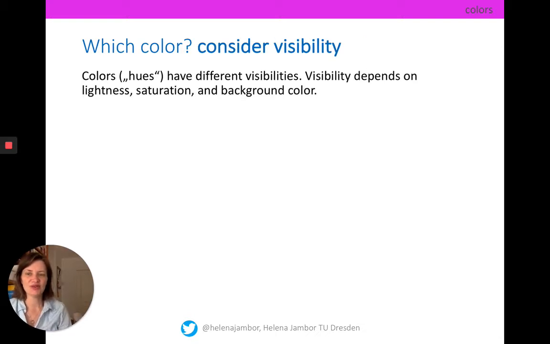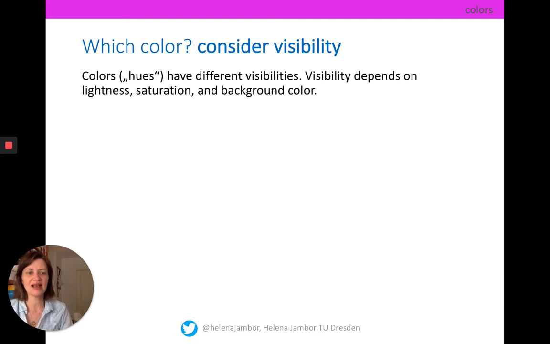When you decide on which color, also consider the different visibilities of colors themselves. So each color has a different visibility, and this visibility depends on the lightness, the saturation, and also on the background color.